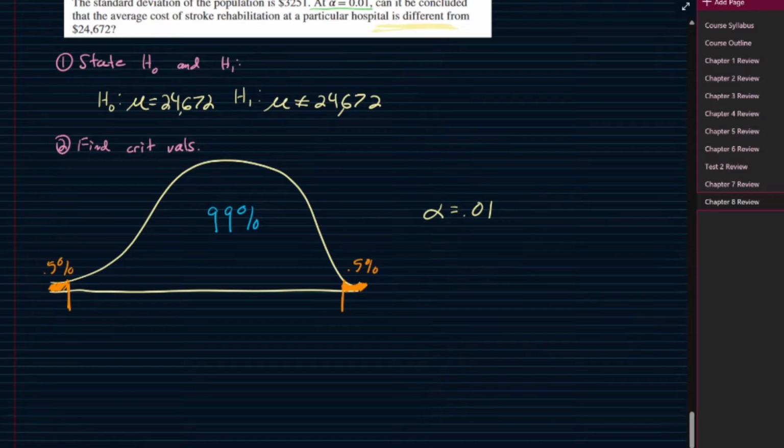This critical value on the left, we have to look up the value that has an area closest to 0.005, right? 0.5% is equivalent to 0.005 area. You just move the decimal 2 spots to the left. And that's what we've got to look up on our z-table.